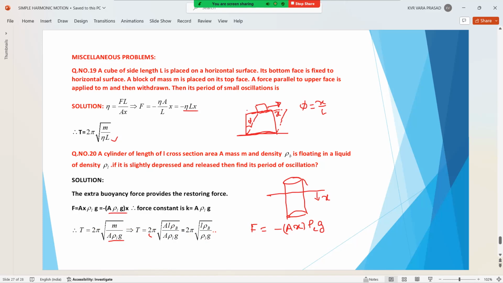So this is in terms of the length of the cylinder. Either we can take it in terms of the length or the mass of the cylinder. If you are given mass and density of liquid, write m by A rho L g. If you are given length, density of liquid and density of body, then we can use this result. Okay.